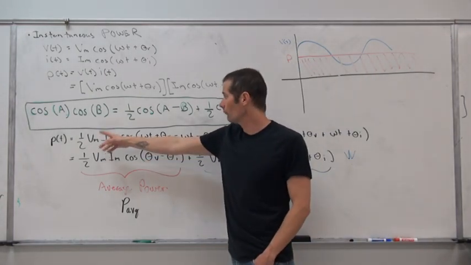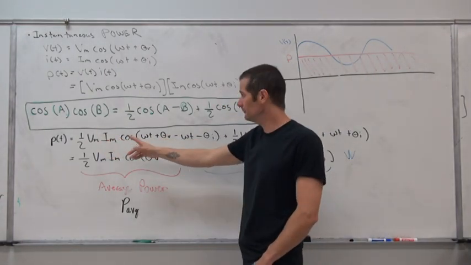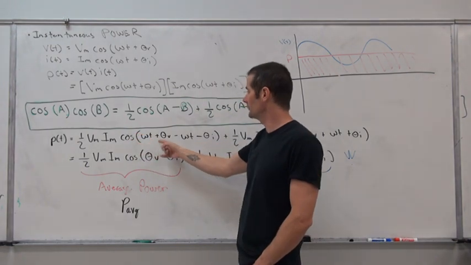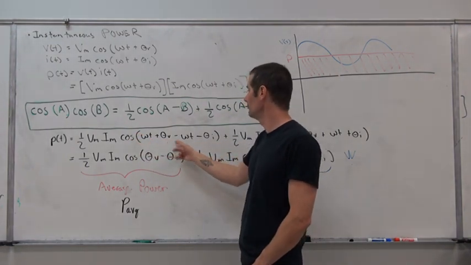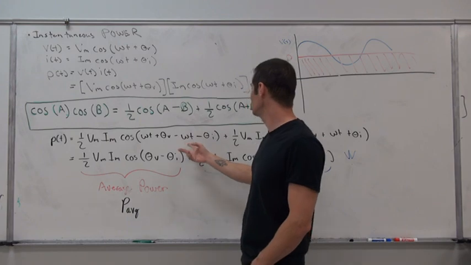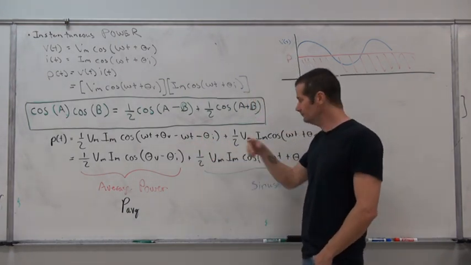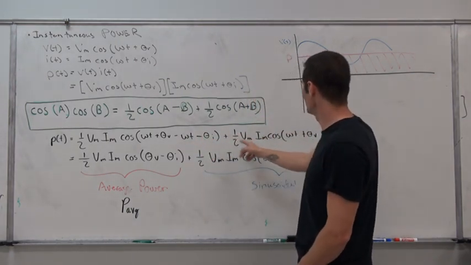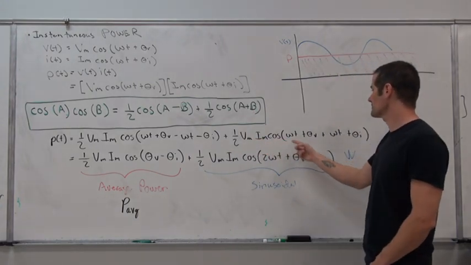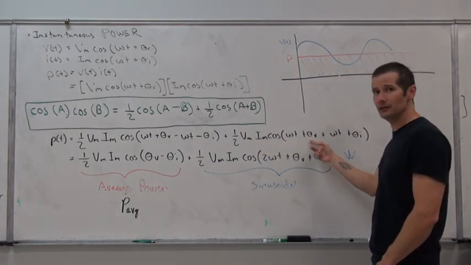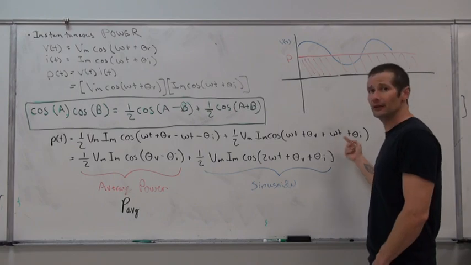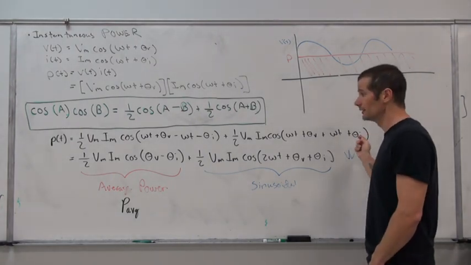P of t is equal to 1/2 Vm Im times cosine of omega t plus theta v minus omega t minus theta I, and over here we have 1/2 Vm Im cosine of omega t plus theta v plus omega t plus theta I.